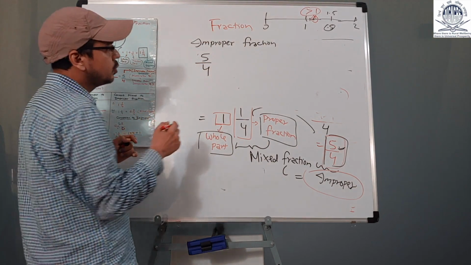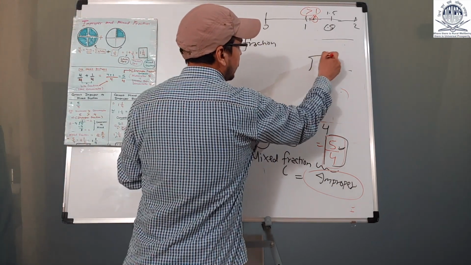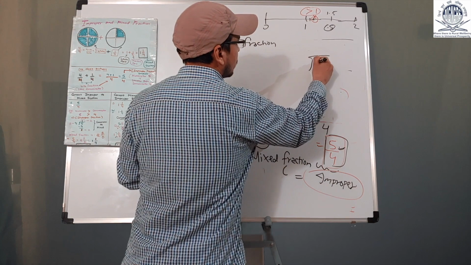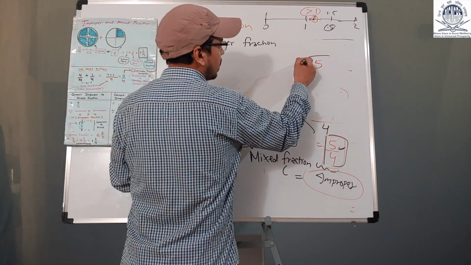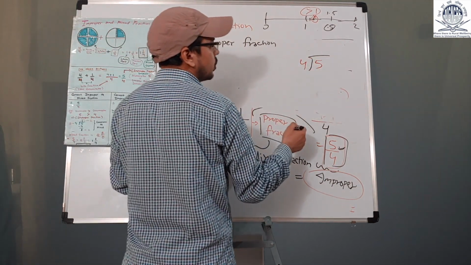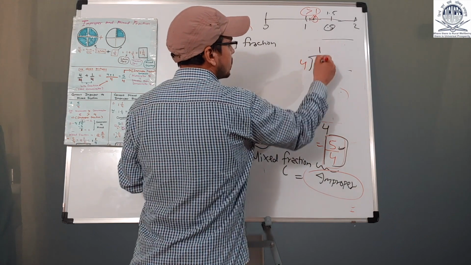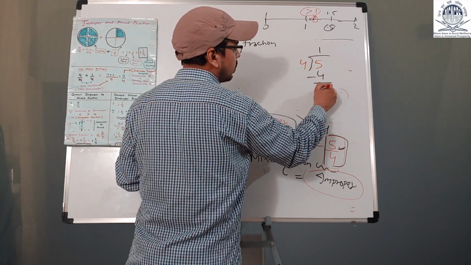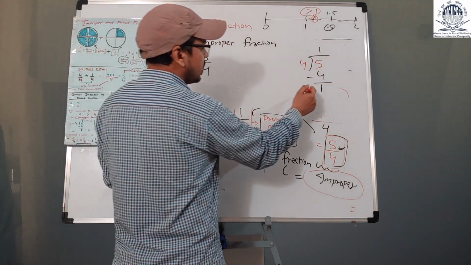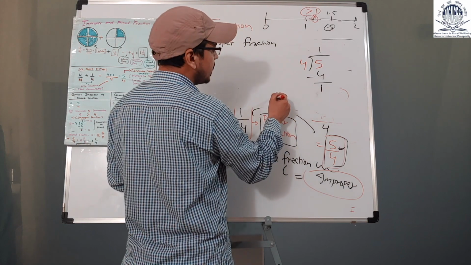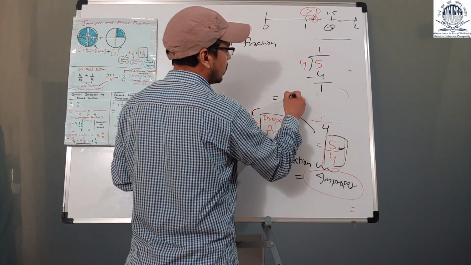The technique is that we divide it this way. The above part you keep inside, the below part you keep outside. So you just divide: 4 ones are 4, you get the remainder as 1, and finally to write in mixed fraction you should have this form.